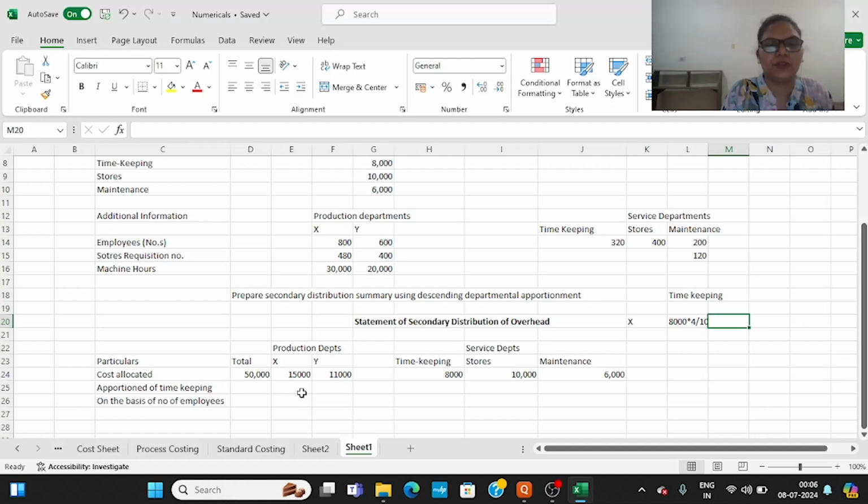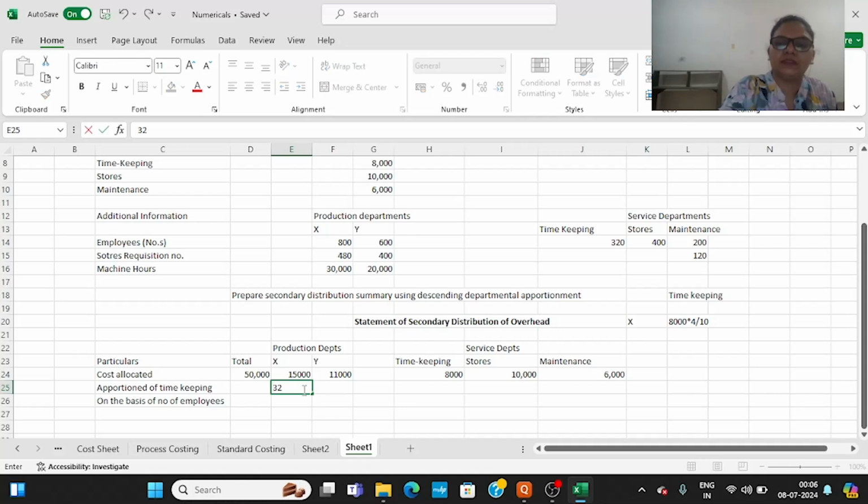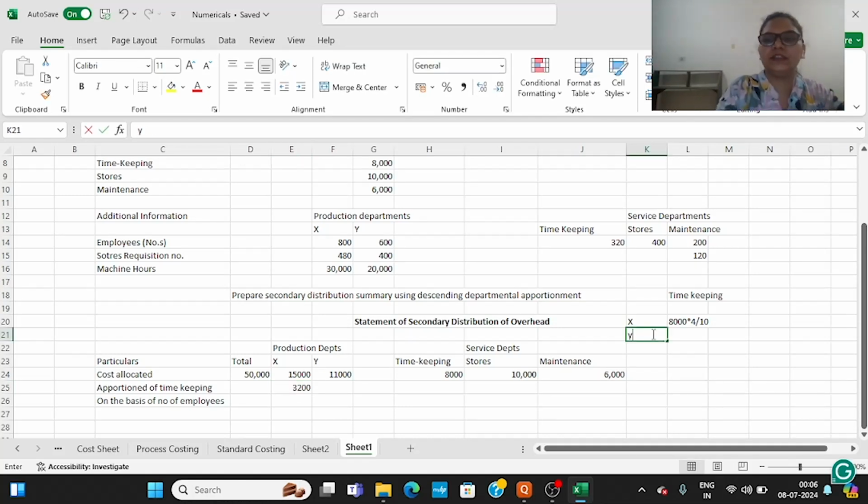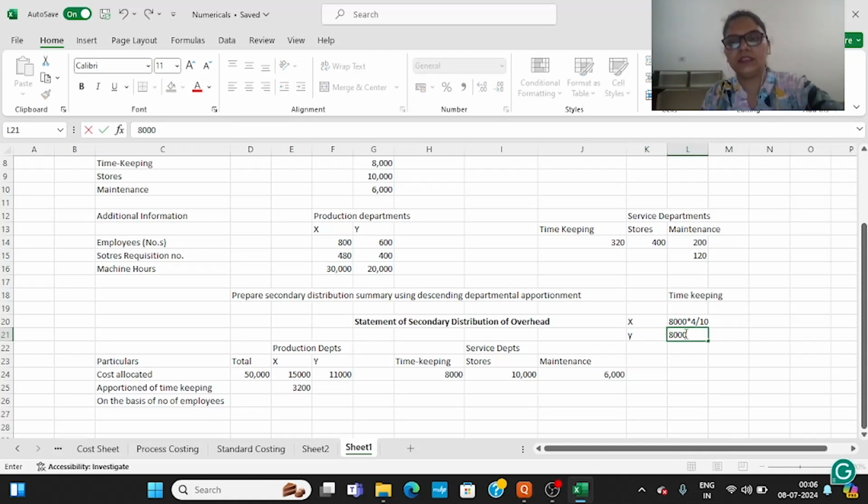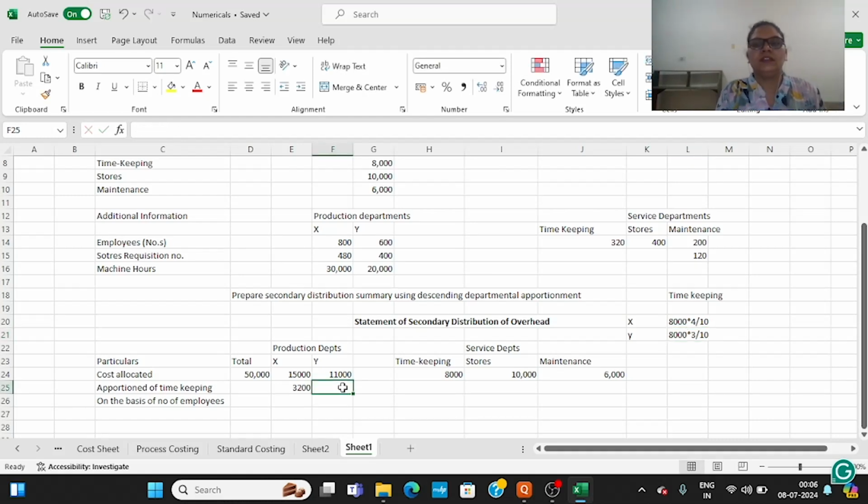So we will note over here 3,200. Similarly, for Y department, it will be 8,000 into 3 divided by 10. It is 2,400.